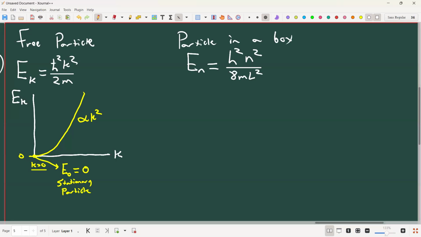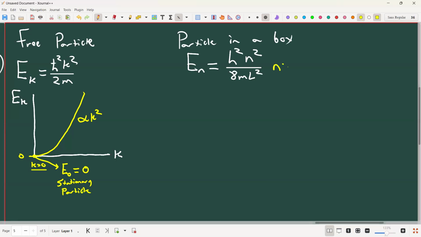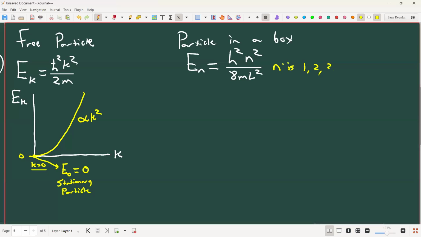You can see they're very similar to each other in structure, but there are a few numbers that are slightly different, and some pi's. But n is an integer that's positive. It can't be 0.